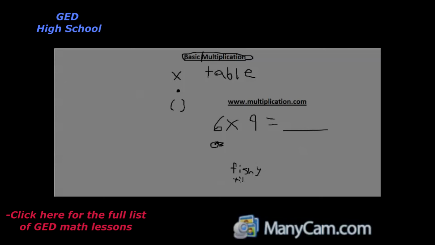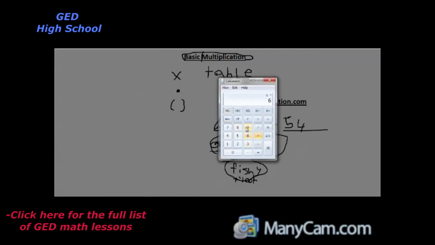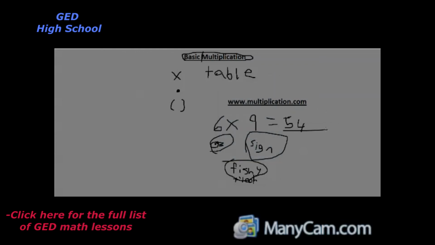Okay? And they were sweeping it up with a sign. Okay? With a sign. And so chicks times sign equals fishy floor, which is 54. And if you want, you can check on your calculator. 6 times 9 gives me 54. Okay? And that's kind of an example of how they teach you how to do multiplication.